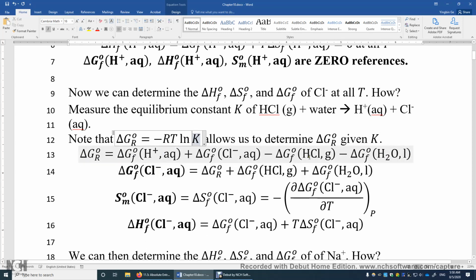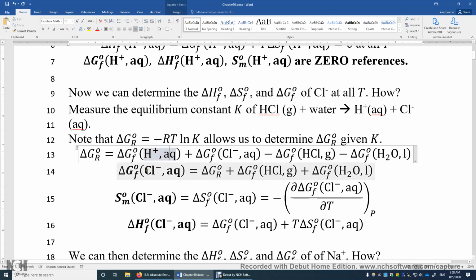This is because Gibbs energy is a state function. And then the Gibbs energy of formation for Cl- is simply this delta G of reaction plus delta G of HCl and that of water. The reason is that this part is zero. We define this to be zero. The Gibbs energy of formation of solvated protons in their standard state is zero.